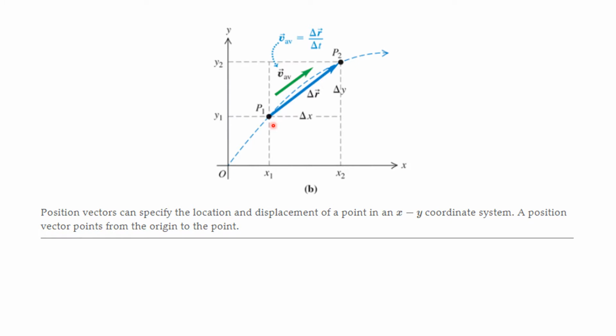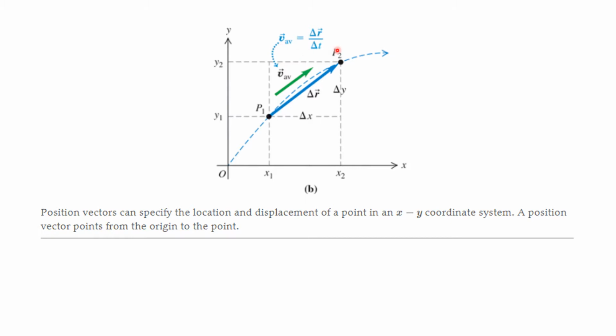Now we can also talk about the velocity, because as we move from point 1 to point 2, there's a change in the r vector. It moves from this one to that one, so there actually is a change in the position vector, and that's going to give the vector called the average velocity.